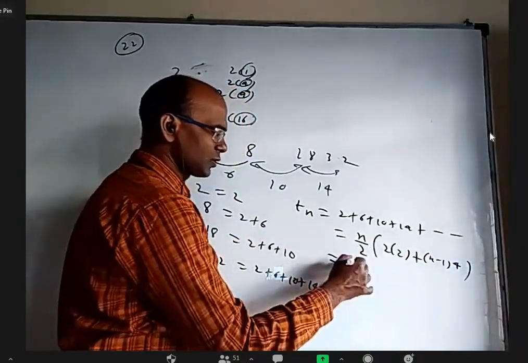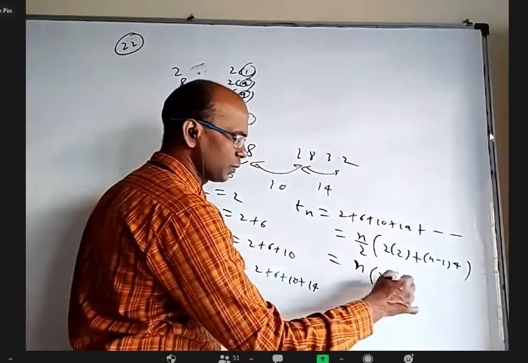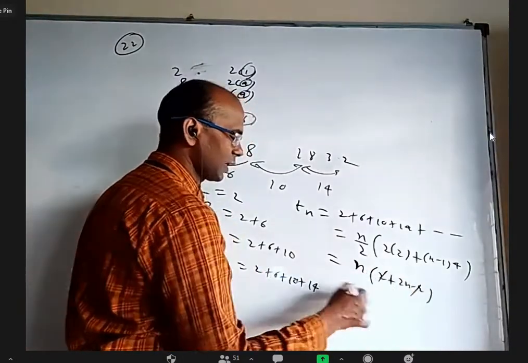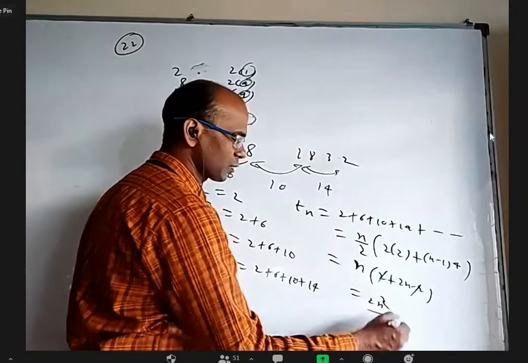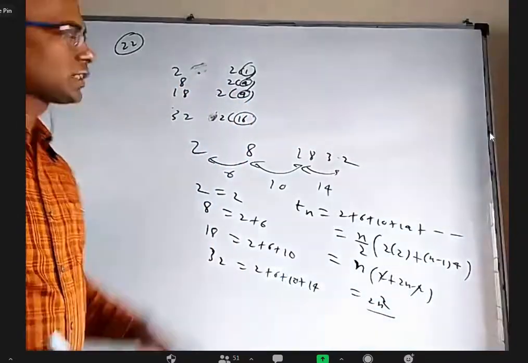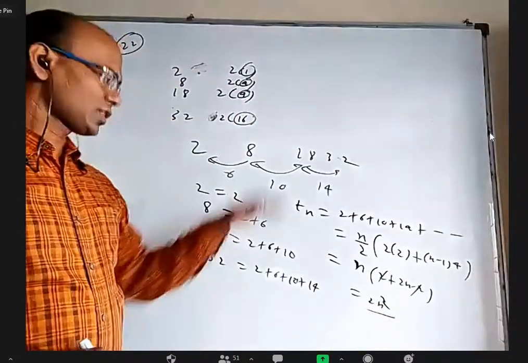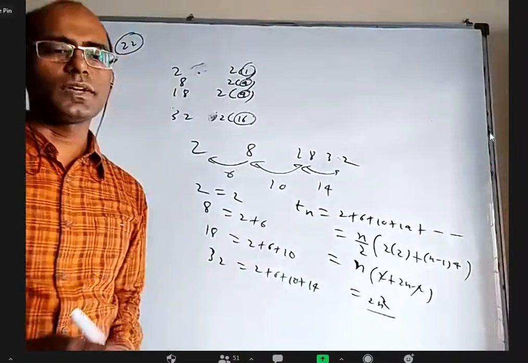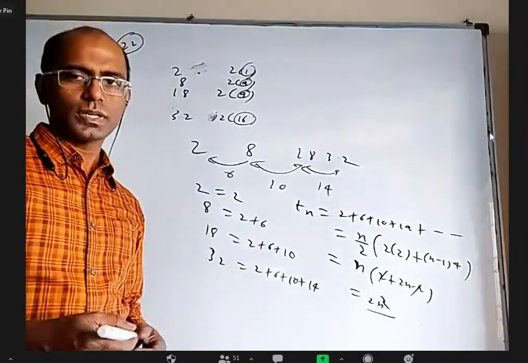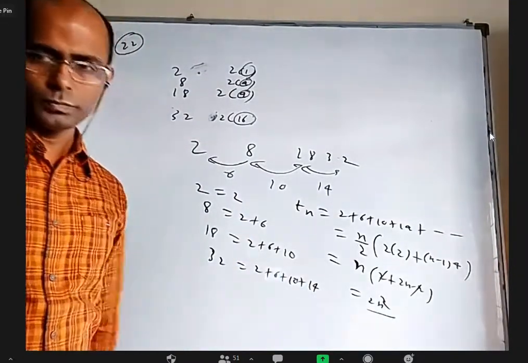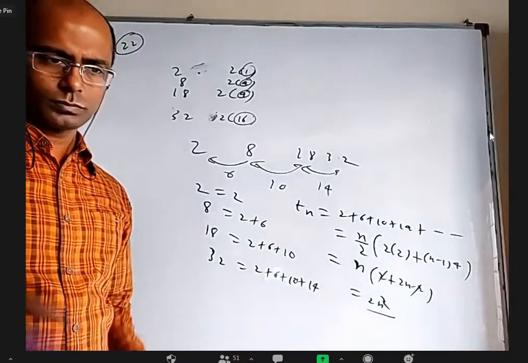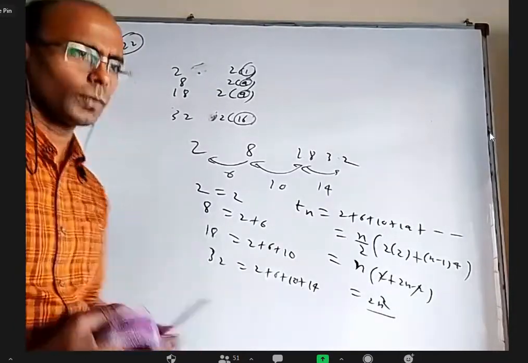You can cancel 2, you will get n into 2 plus 2n minus 2. Minus 2 will cancel. Finally, 2n square. If you are able to guess, fine. If instead of that you do all this work, finally we'll know the nth term is 2n square. Is it okay? Yes, sir.